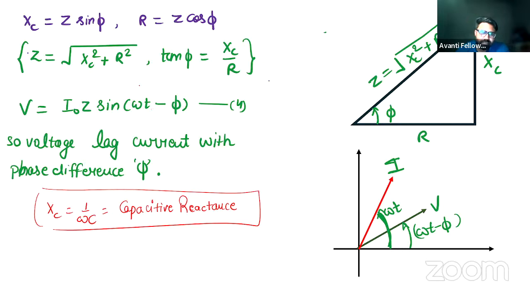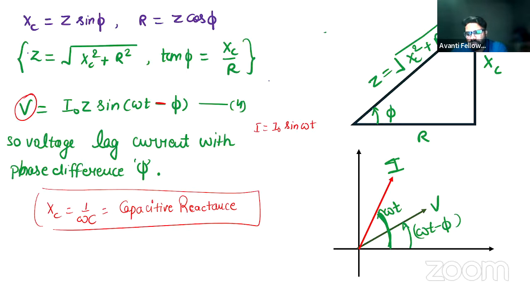Here it is showing minus phi, which means the voltage applied across an RC circuit is lagging with a phase difference of phi from the current, because current here is I equals I naught sin omega t. And this voltage has minus phi, which means the voltage is lagging in this situation.